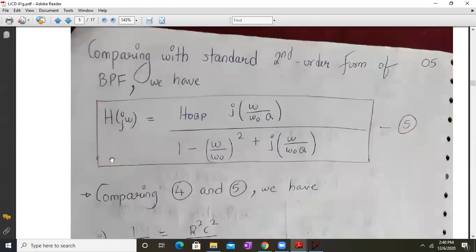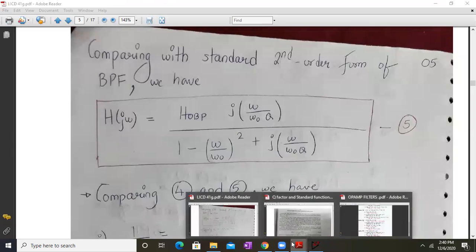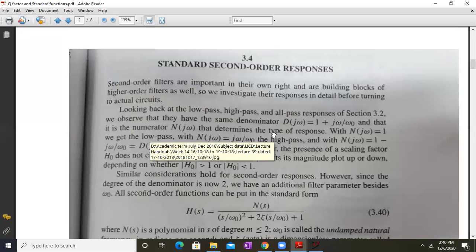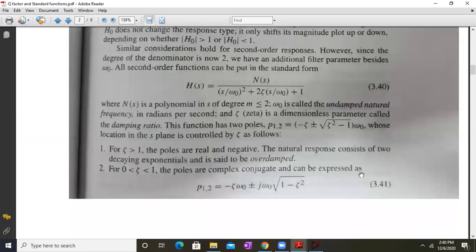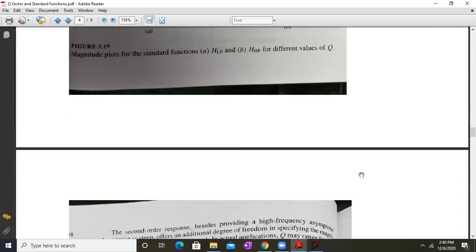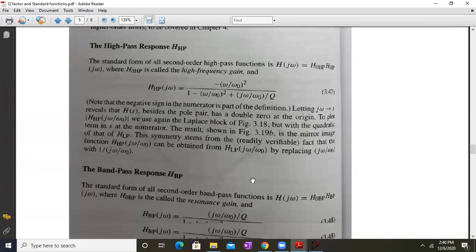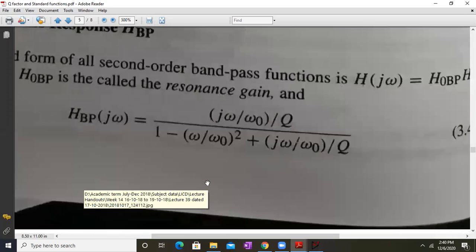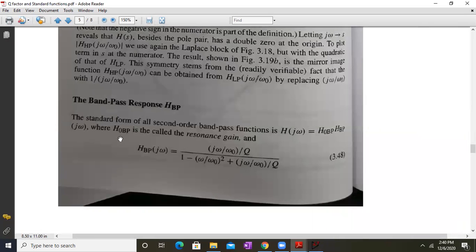This equation number 4 we will compare with the standard form of the bandpass filter. Let us check the standard form. These are standard second order responses. Let us check the bandpass response. This is the high pass response. This is the bandpass response. As you can see over here, we have in the expression HOBP, which is the resonant gain.